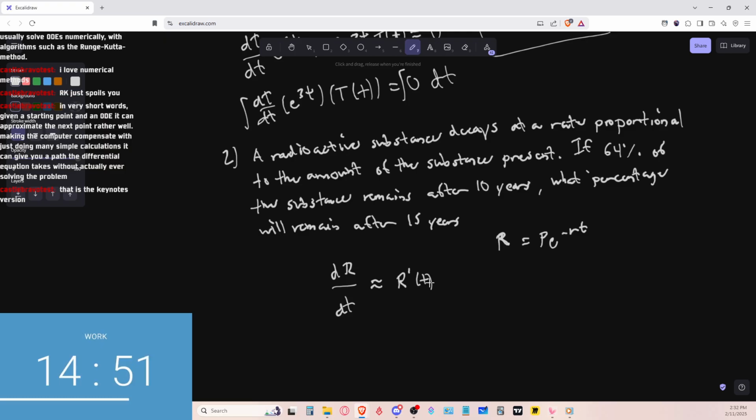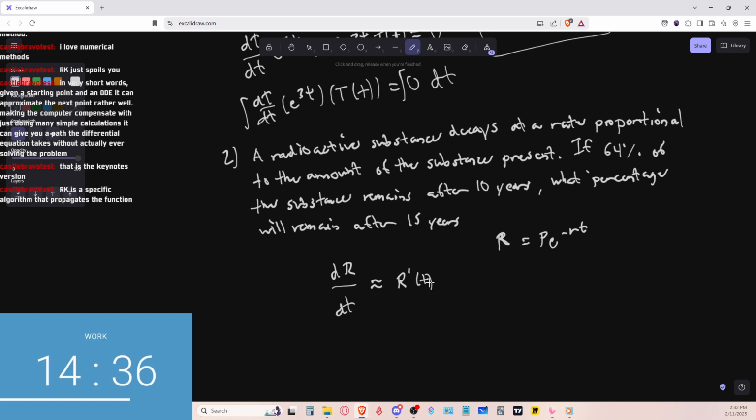That is the keynote version. In very short words, given a starting point and an ODE, you can approximate the next point rather well, making the computer compensate with just doing many simple calculations. It can give you a path, the differential equation, without actually ever solving the problem.